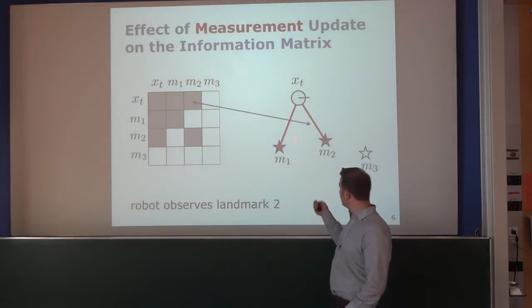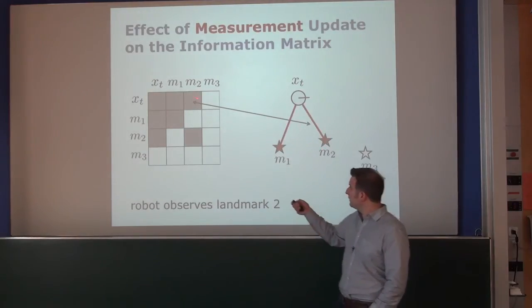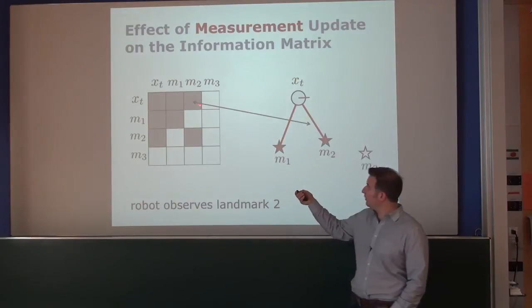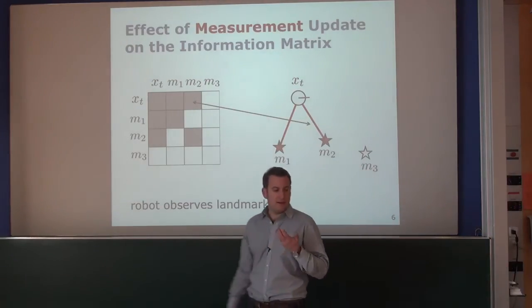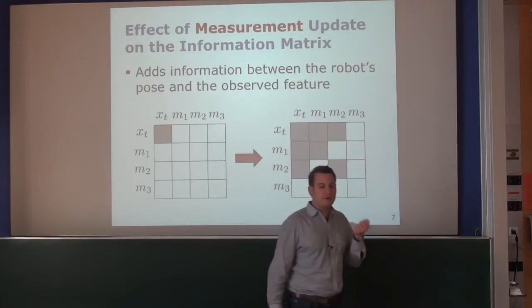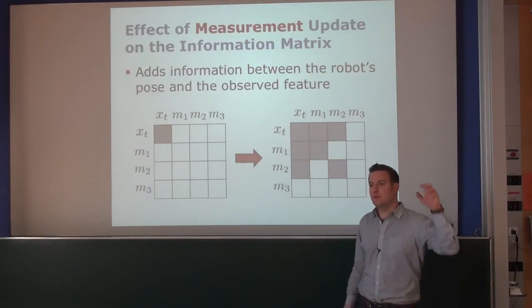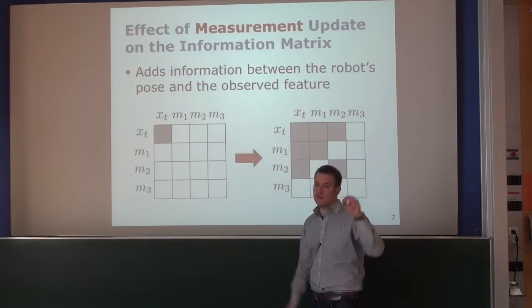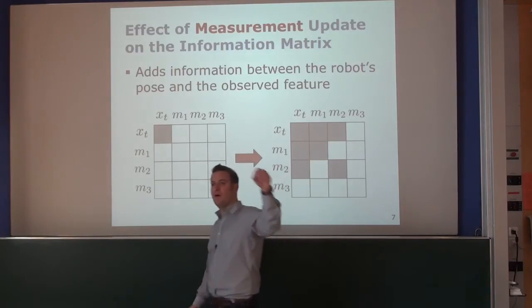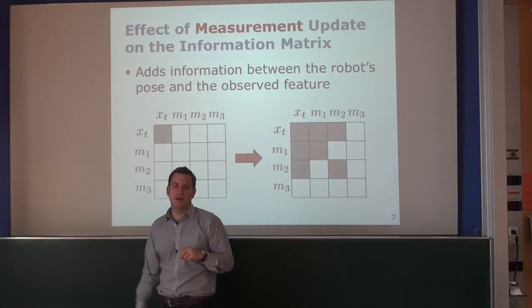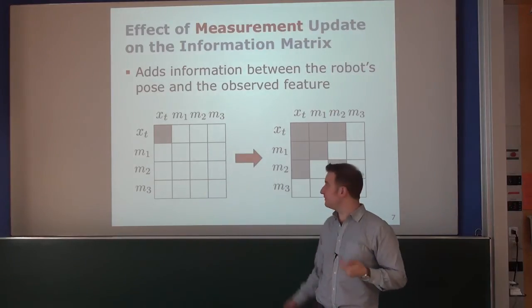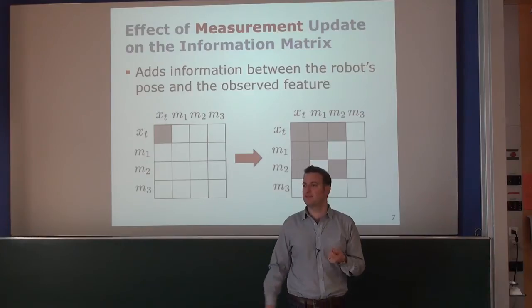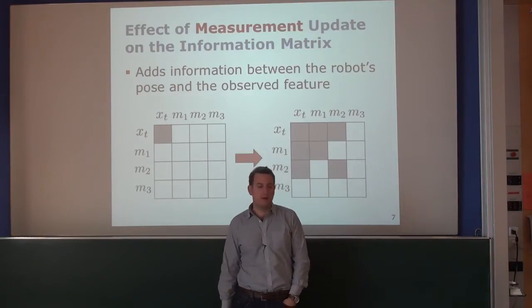If I also measure M2, then I will get those links between the robot's pose and M2. And so whenever I measure something, I add new information in this information matrix between the robot's pose and the corresponding landmark that I measured. So it was a measurement update. So I add additional elements into this matrix.